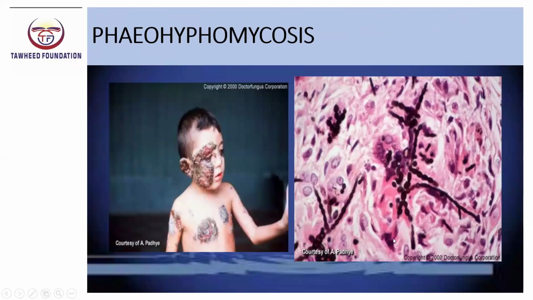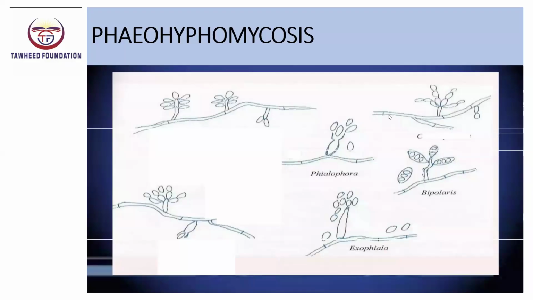All these are the etiology for phaeohyphomycosis. These are neurotropic fungi, with cerebral PHM, found naturally in woody plants, wood, and agricultural soil.